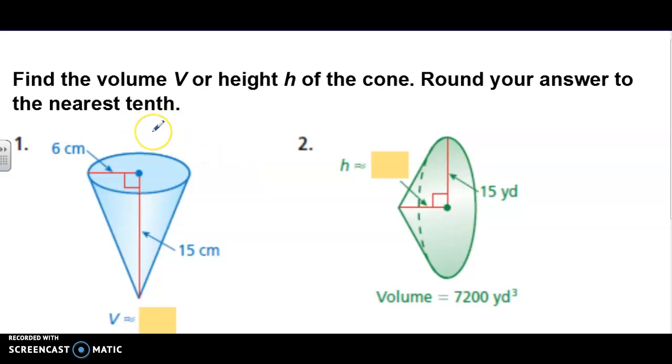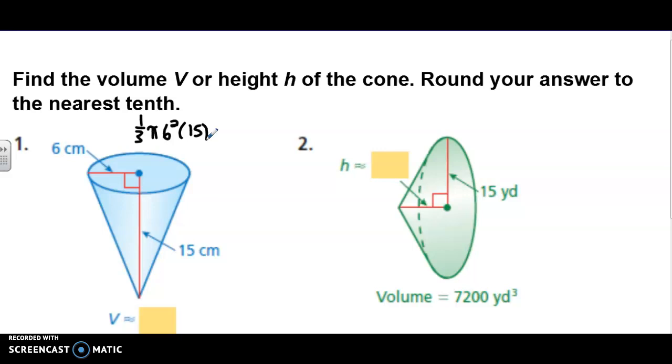Alright, so for this one here, looks like we have the radius, we have the height. So we have 1/3 pi times 6 squared times 15. I'll just type this into a calculator here. So 36 times 15 times pi, whole thing divided by 3.